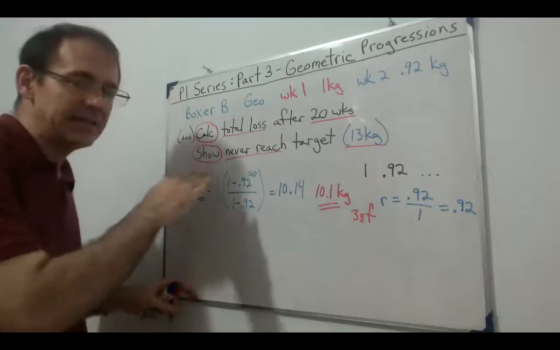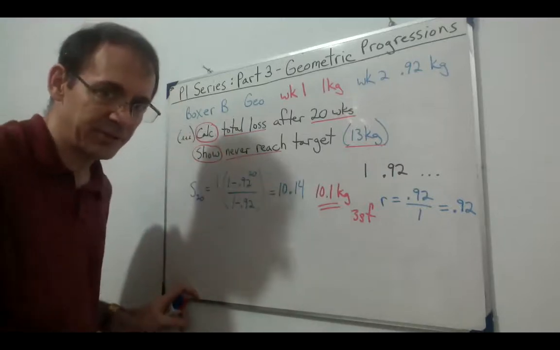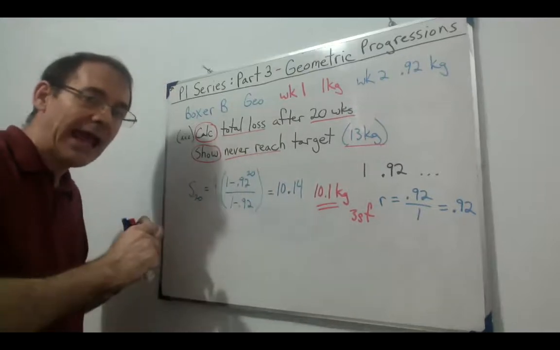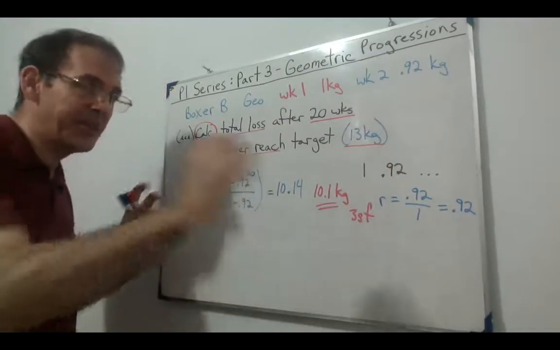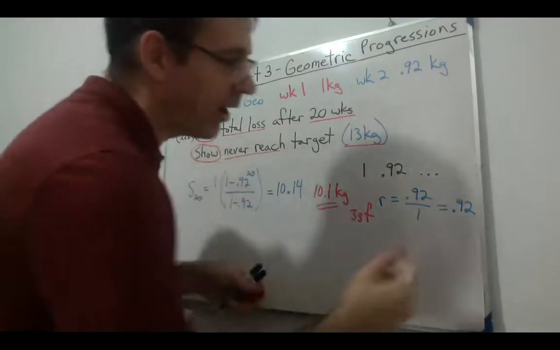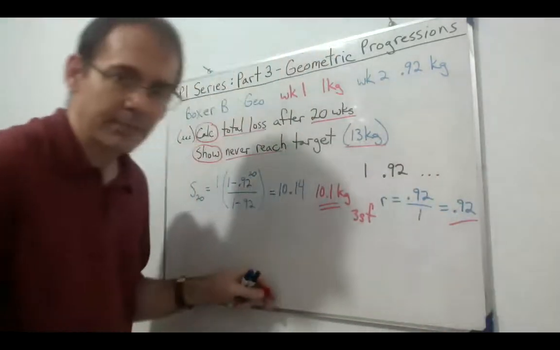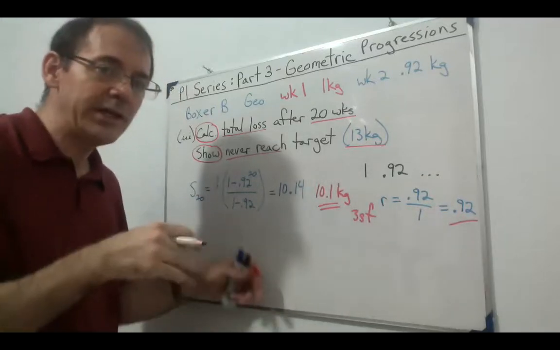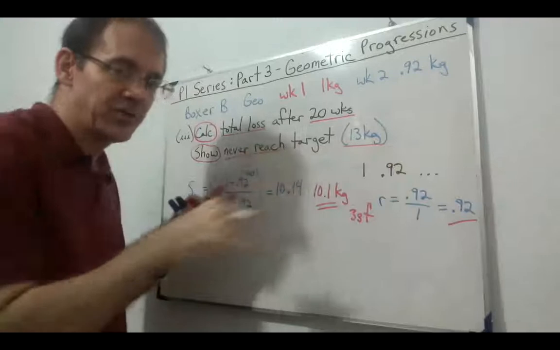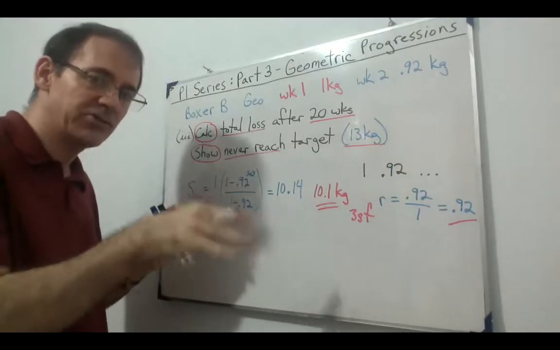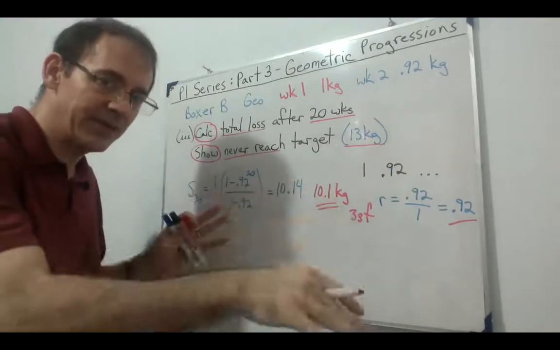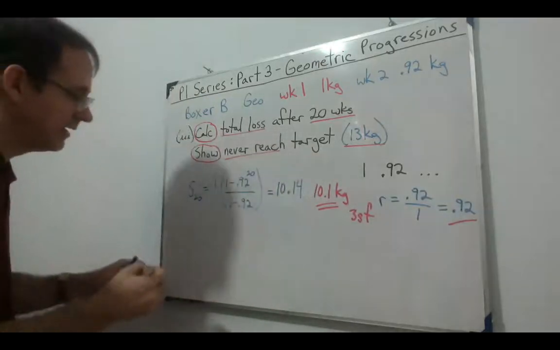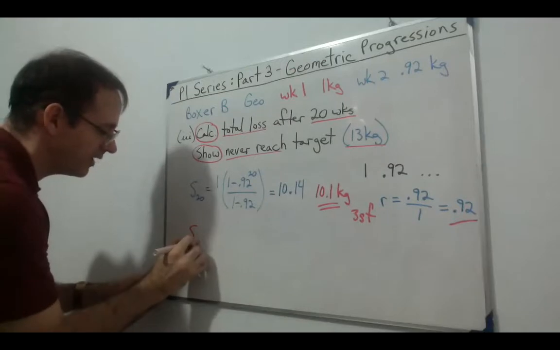This idea of a maximum value or not reaching the target is implying adding up to infinity. If this is a geometric progression, and if our r is less than 1, which it is, 0.92, it means we can add continually. So if this boxer were to continue to lose weight indefinitely every week after week after week, we can come up with a sum to infinity.